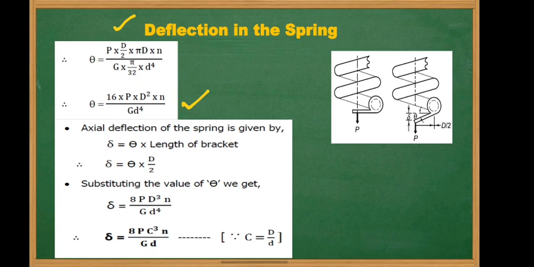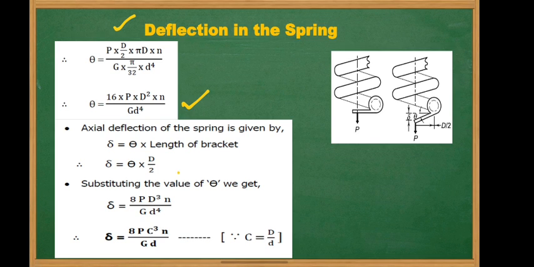Now the angular deflection of the spring is given by theta multiplied by the length of the bracket. So delta is calculated similar to how we calculate the arc length of an angle.